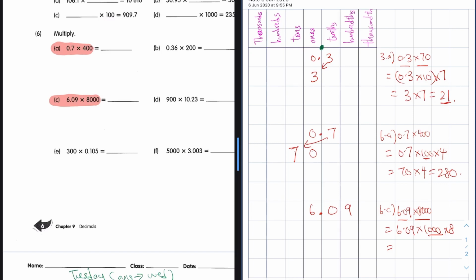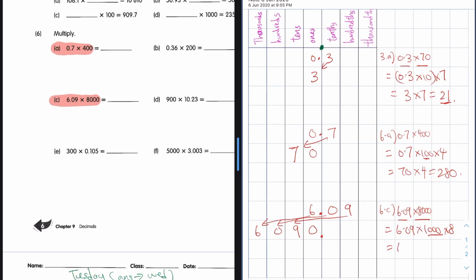So 6 becomes 6 thousands. 0, this time it is important. You have to move it because it is in the middle of two whole numbers. 9 becomes 90, so 9 here. And since there's a decimal point here, I'm going to fill up the last square in the ones place with a 0.